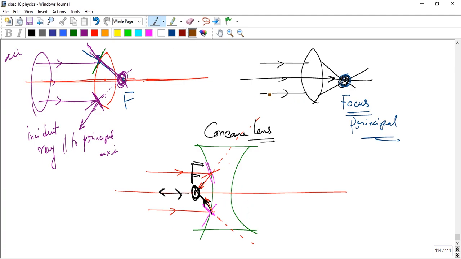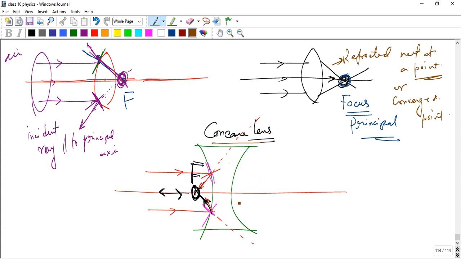For convex lens, all the refracted rays meet at a point, or converge at a point. But in case of concave lens, the refracted rays diverge.